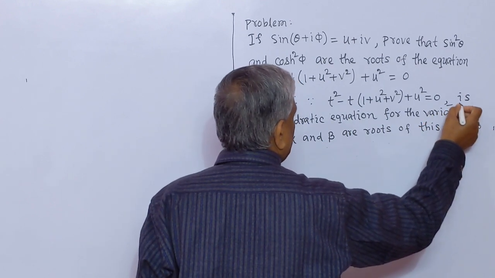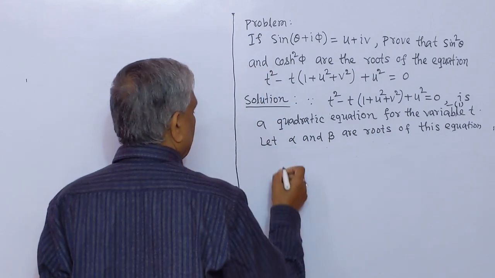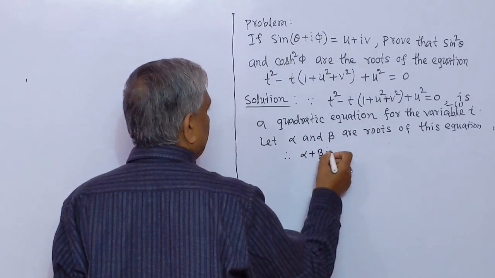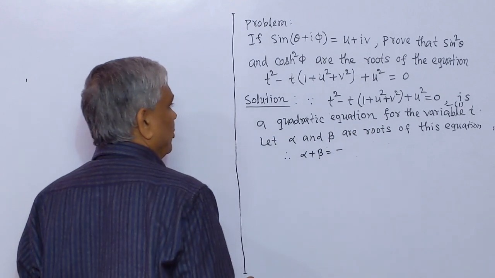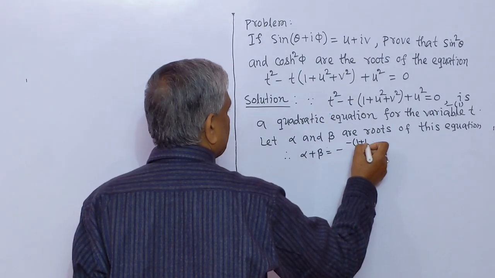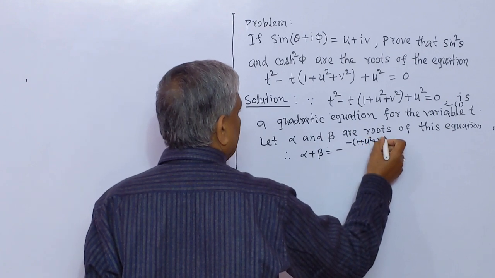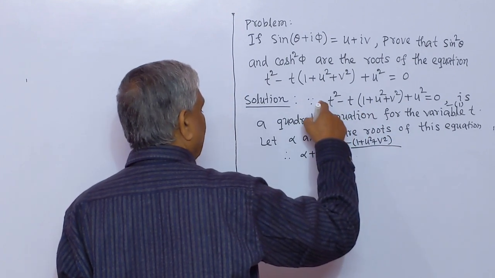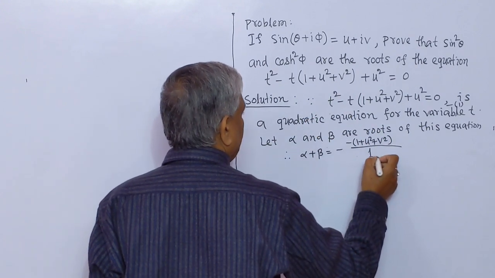Let this equation be number 1. Therefore, alpha plus beta equals minus b by a. b is minus (1 + u squared + v squared), a is 1.